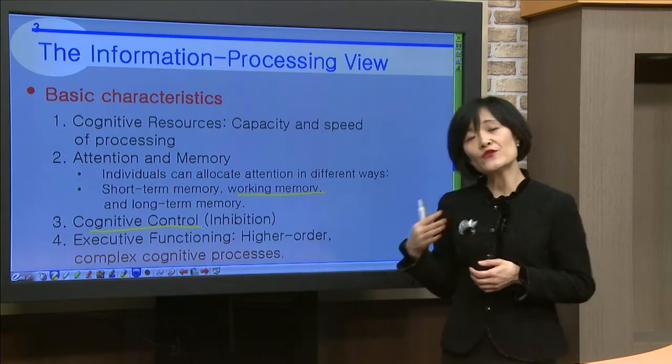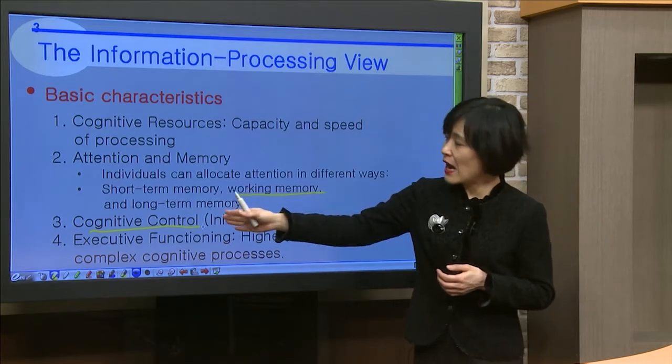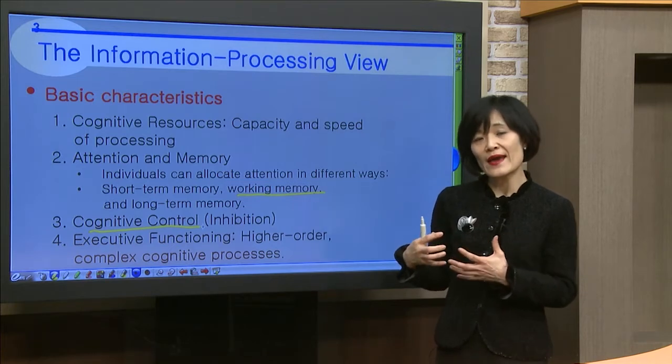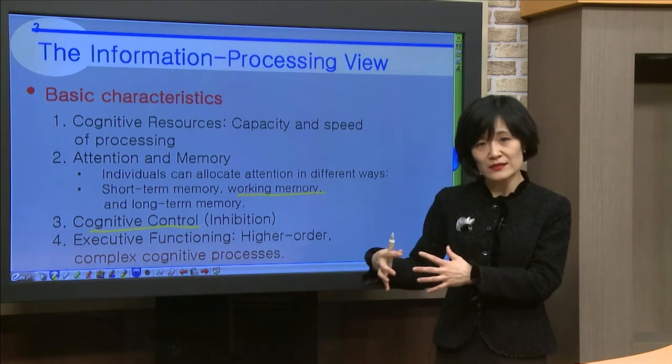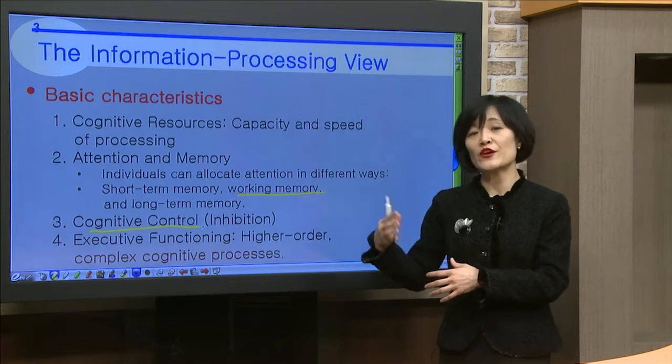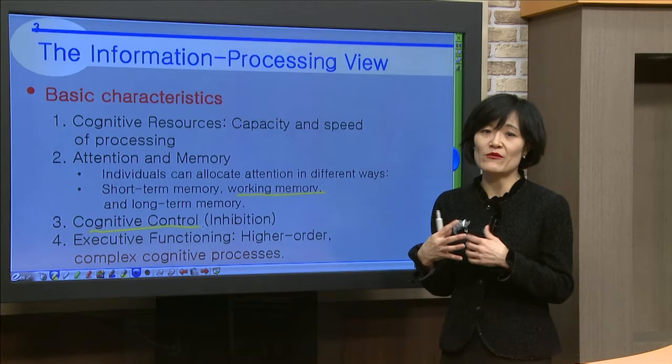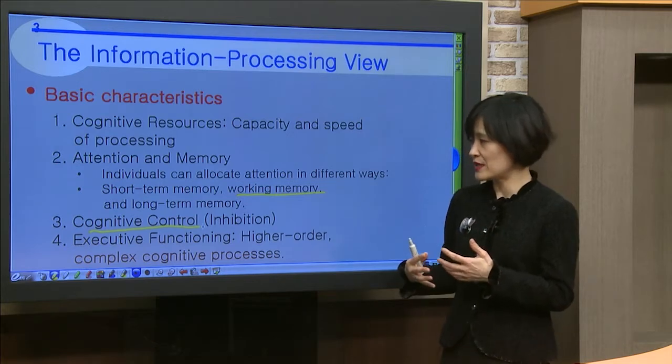So we found that during adolescence, our capability to control cognitively, to inhibit those capabilities if we need to, increases.